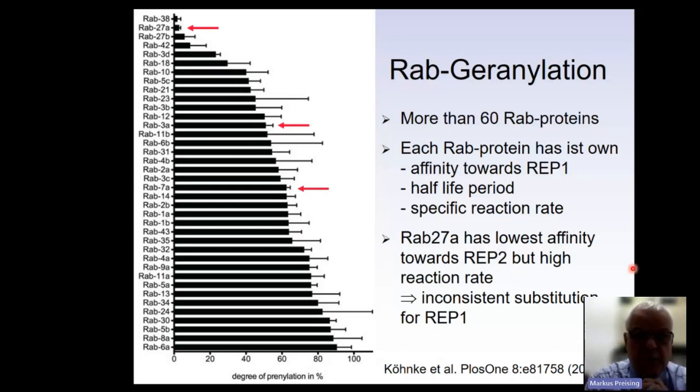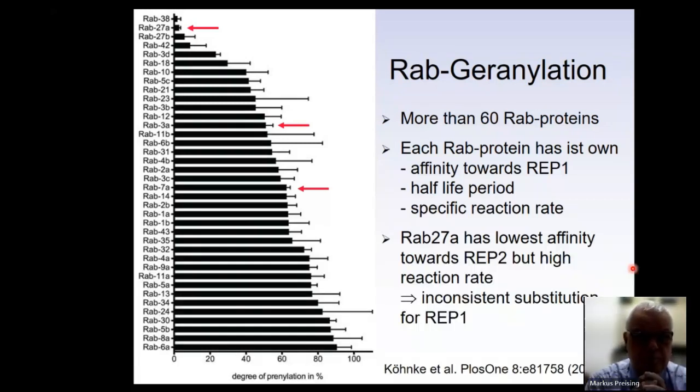We have more than 60 Rep proteins, and Rep27A, Rep3A, and Rep7A have been reported as the most important ones concerning choroideremia.